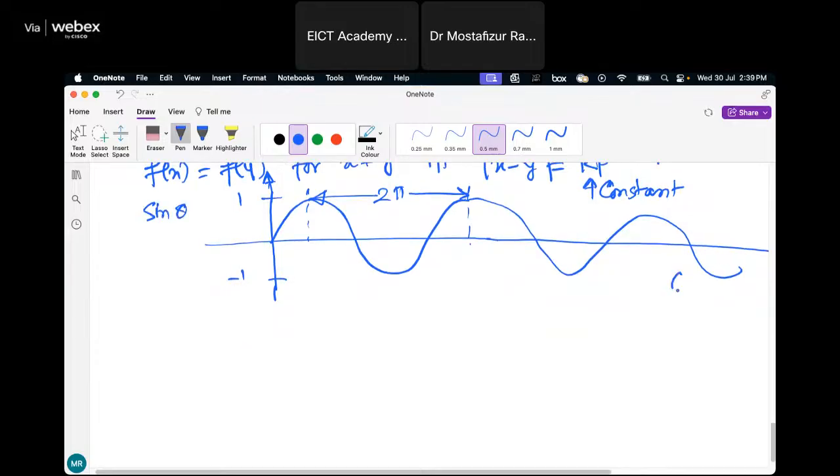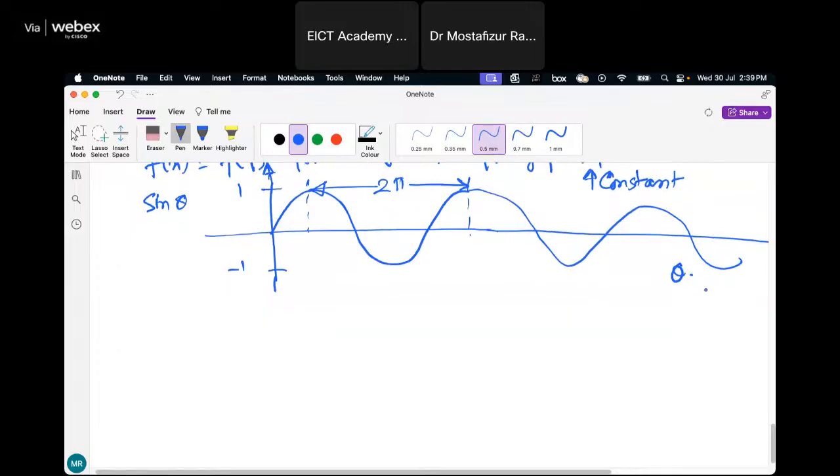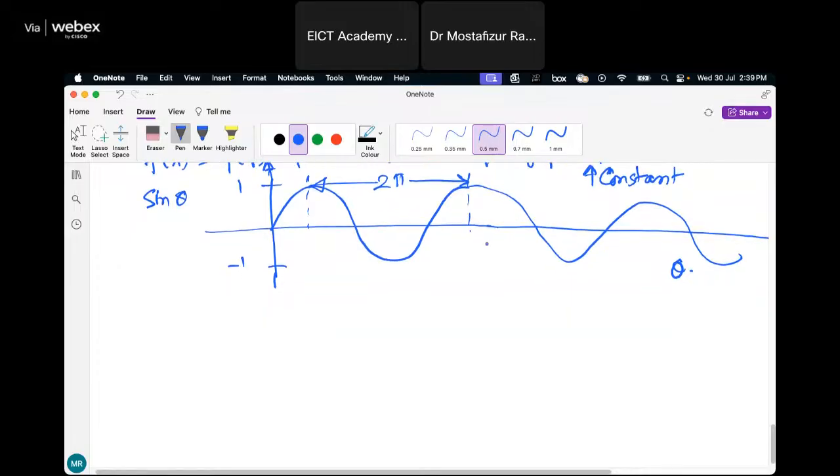This is sine theta versus theta, for example. If we take two points x and y, I should be able to represent |x minus y| equals 2 pi k here, where 2 pi is the period and k is some constant. So I can enlarge the function to multiple regions, pick up all those points, and represent it in this way.